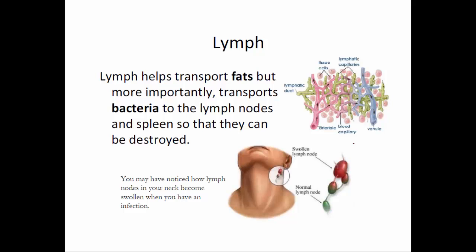So if you have a bacterial infection, your lymph nodes become extremely important in terms of fighting that. And sometimes you'll notice when you're sick, you've got swollen nodes in your throat. These are your lymph nodes, and when they're working hard, they may swell up.